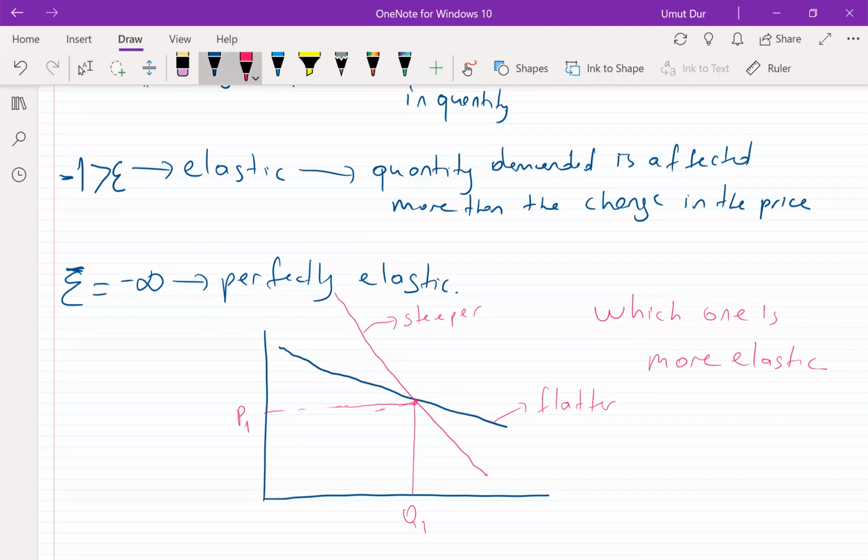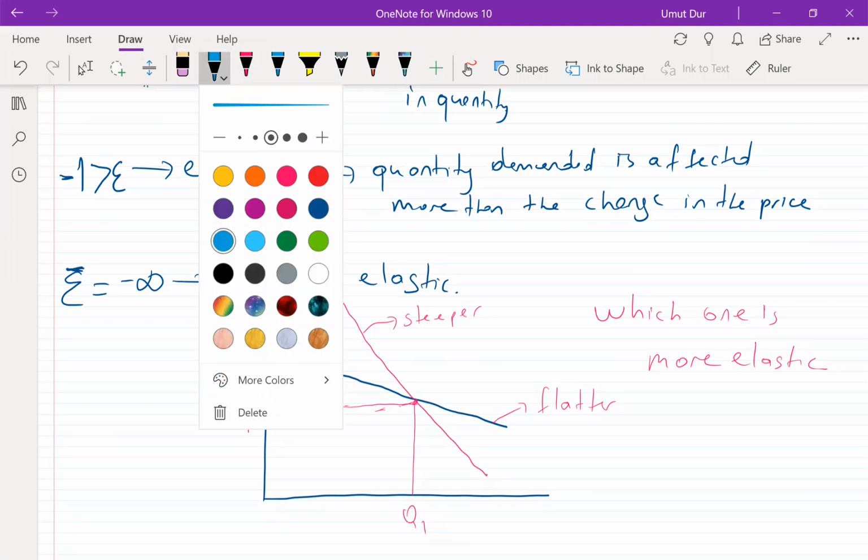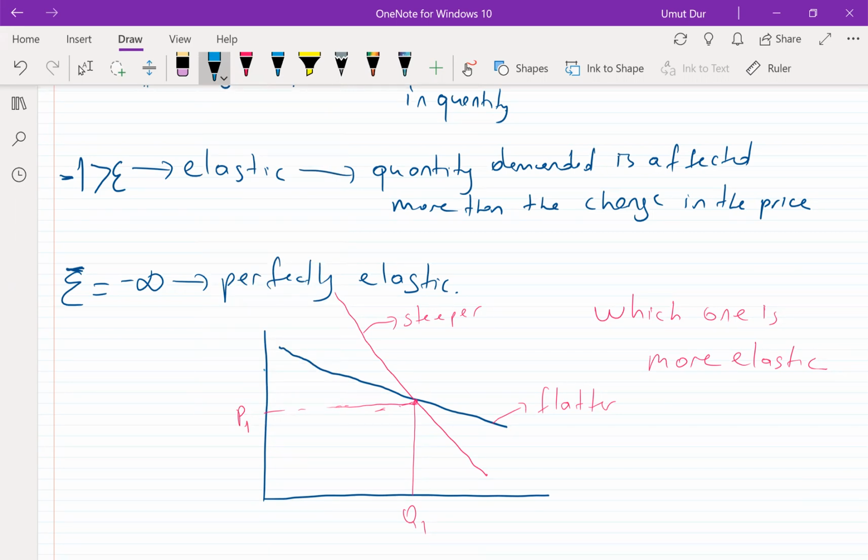Then let's say that the price increases to P2. So we have this Q2F, F for flat, and this is Q2S for the steeper one. As you can see, Q2S is greater than Q2F.